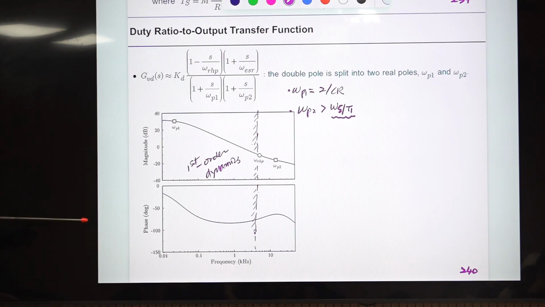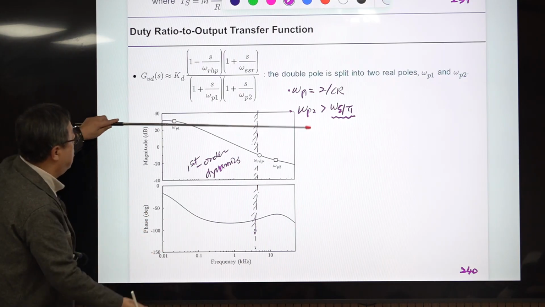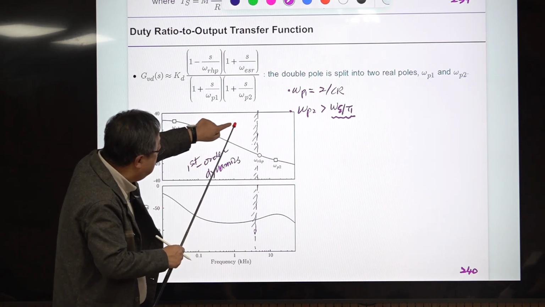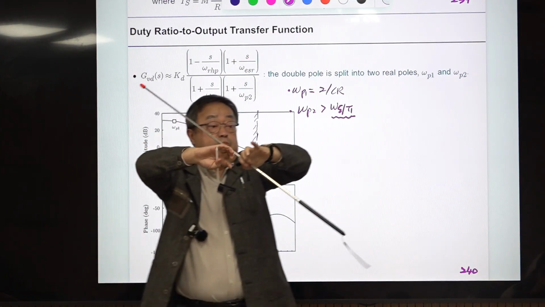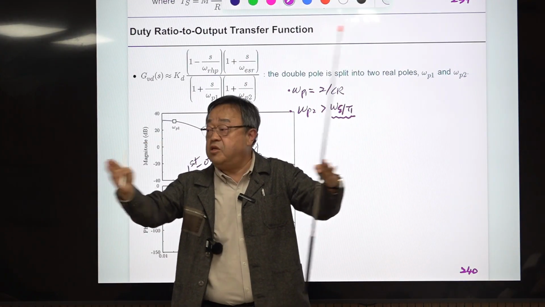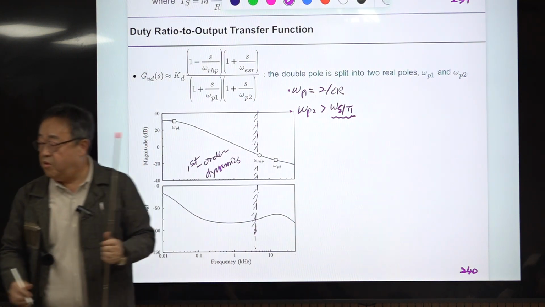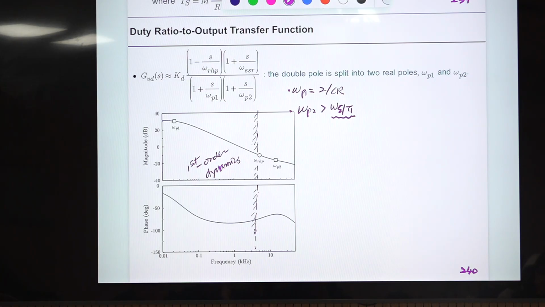Originally the double pole was somewhere here in the CCM case, and it's split into two real poles, maintaining the same distance. What I mean is, it's split here, the omega naught was here, and the distance between this and this should be the same. I explained this once, splitting symmetrically.